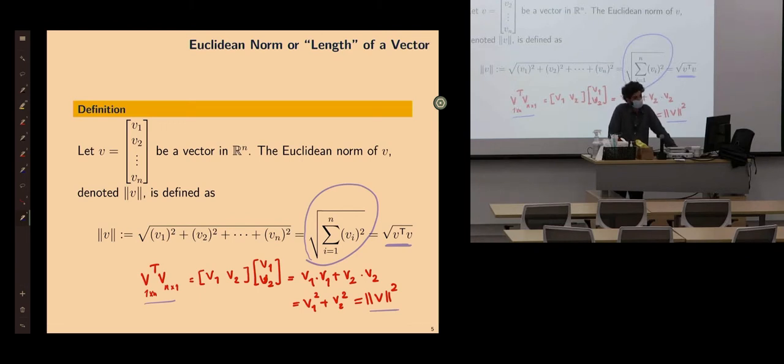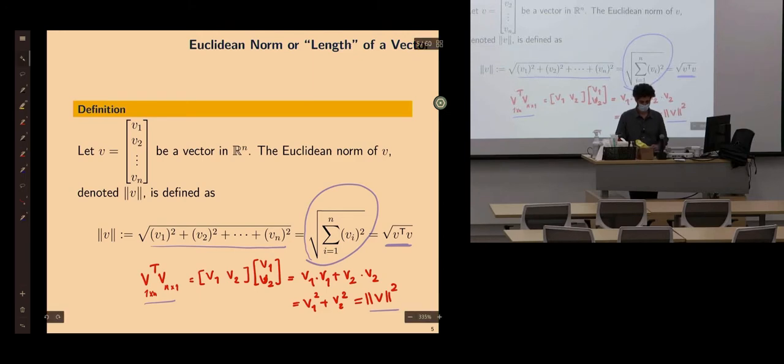Because when you multiply the transpose of a vector by itself, it gives you whatever you see under the square root. So it is a squared version of that. If you take the square root of it, it gives you the norm. But generally, V transpose V, or the error transpose error in that example, will give you the norm squared of the error. It follows from the definition of the norm.